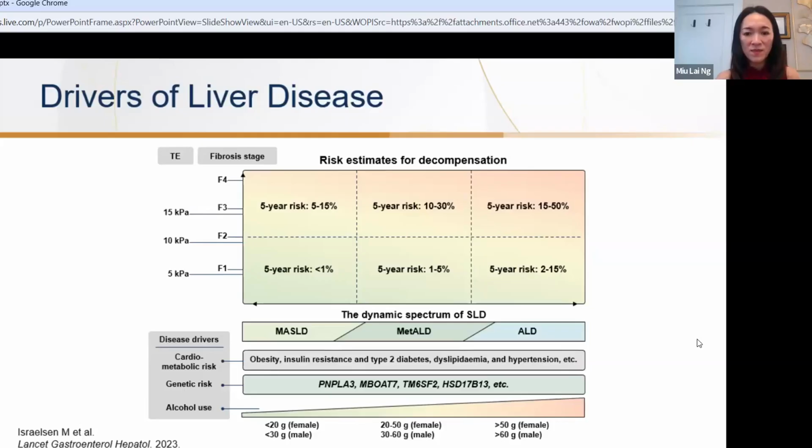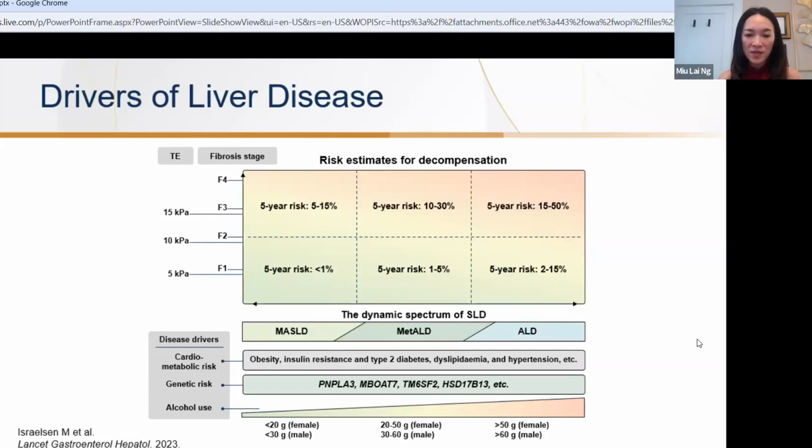So what if, just like our patient, you are somewhere in the middle? Your risk is not as high as those people who get alcoholic liver disease, but it's not as low as those people who only have fat in the liver.